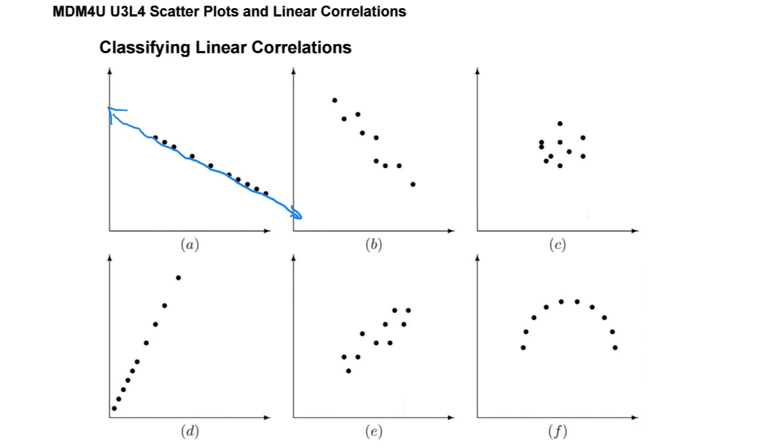And we call this a strong linear relationship. Okay, it's strong because all the points are actually touching the line. Now we can also say that this is a positive or a negative relationship. This is a negative relationship because it's slanting downwards as we go from left to right.